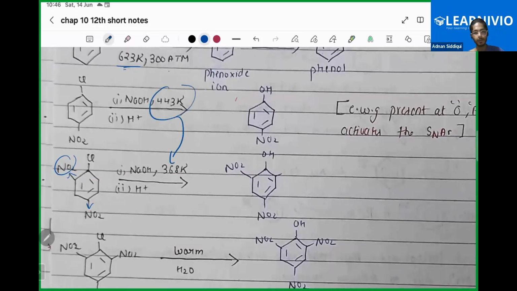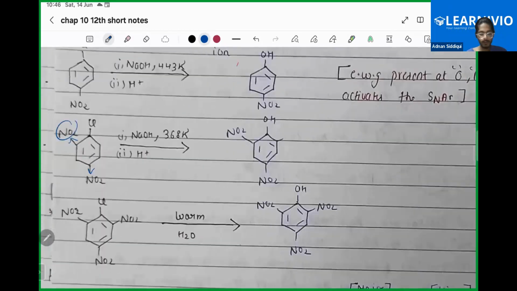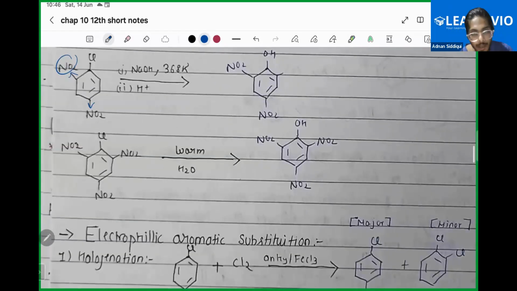What if I add three? Then I don't need to apply heat itself. The reaction will occur even at normal conditions. If you just warm your reaction mixture, you will get your product.